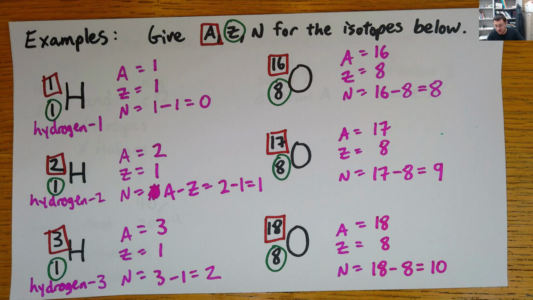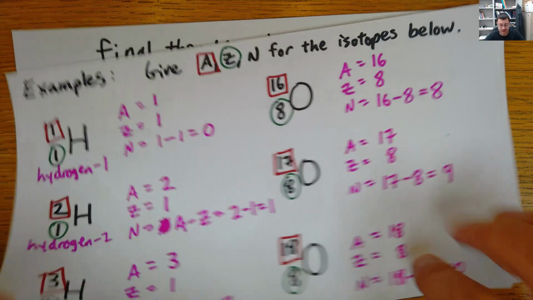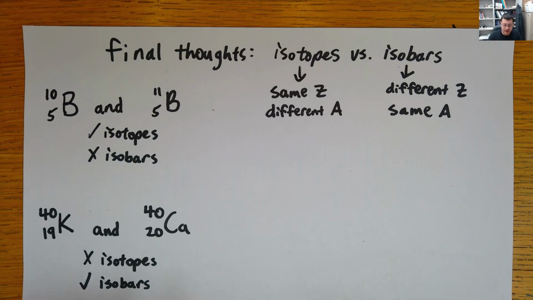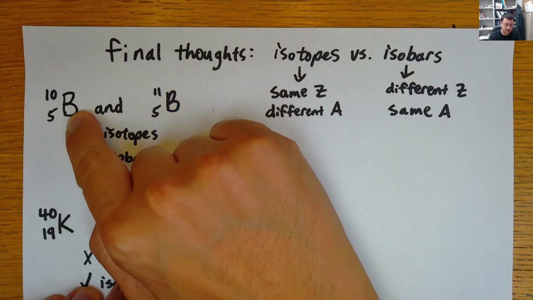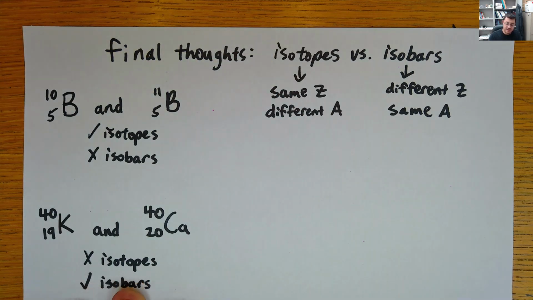All right, got one last final thought in case the definition of isotope wasn't fully clear. Okay, so once again, if I'm referring to a specific isotope, I'm referring to just something with some set number of protons and some set number of neutrons. That's if we're saying isotope singular. If we're saying isotopes plural, you may be referring to a set of atoms of the same element but with different numbers of neutrons.